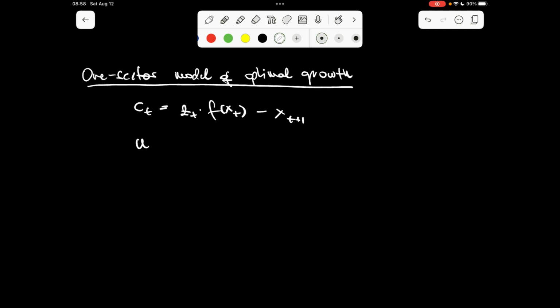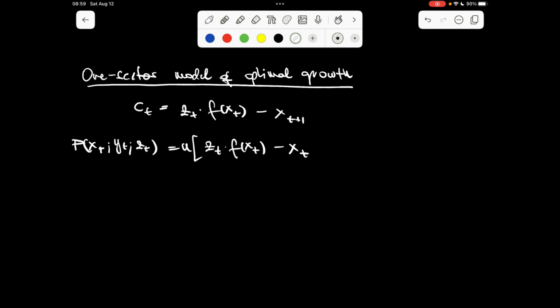So the one period return function is based on the utility function with consumption as its variable. So this is the one period return function.